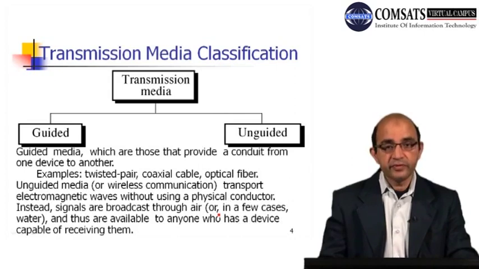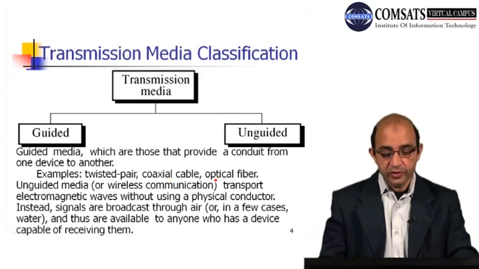So we have two different types of media. First is the guided and the second one is unguided. In guided media we have examples of twisted pair, that is actually a pair of copper wires, and coaxial cable, which is again a conducted media, but with a different sort of arrangement.